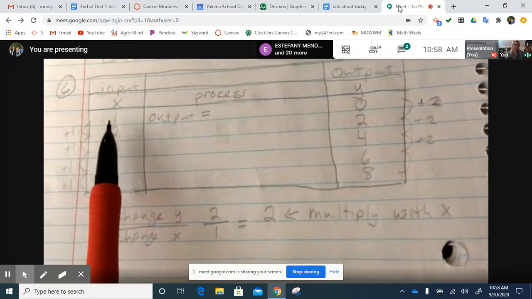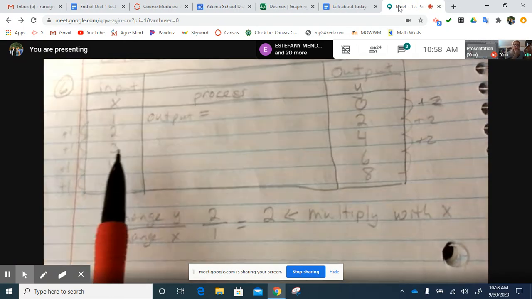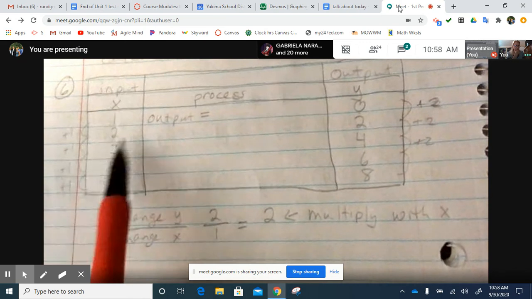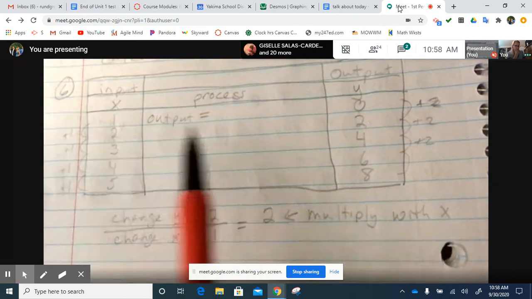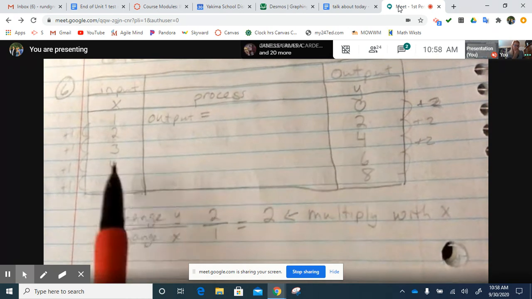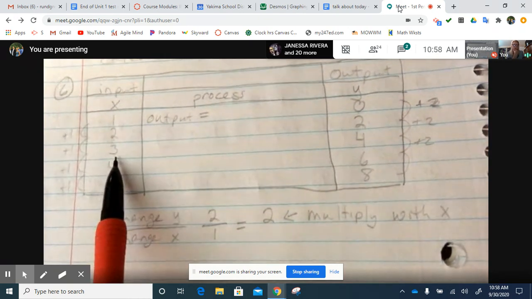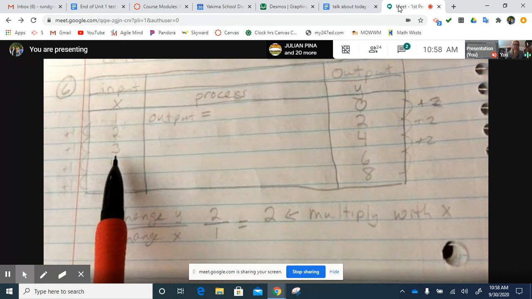Now you guys try it out. Nobody say anything. You guys try it out. Try the next one. Multiply by 2 and then subtract 2. Try the next one. Multiply times 2 and then subtract 2.